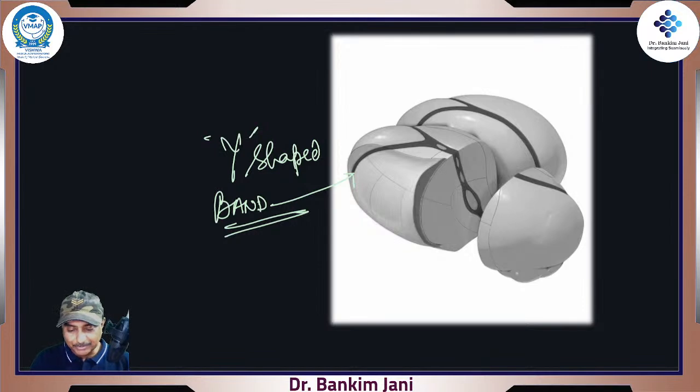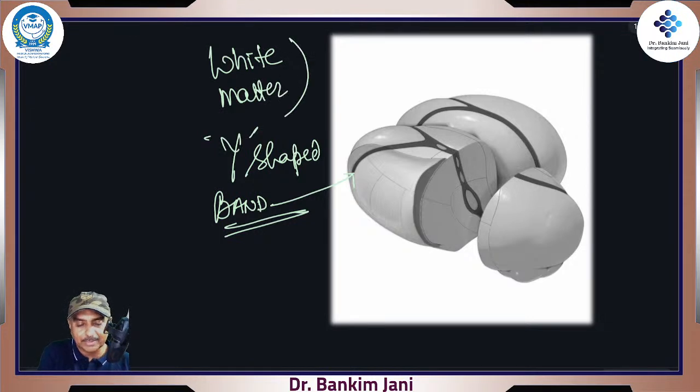So this Y-shaped band is the white matter. See how systematically everything is connected. White matter is like axons, and everyone's head is inside. So they are processing and then sending the signals. This Y-shaped white matter is called the medial medullary lamina.